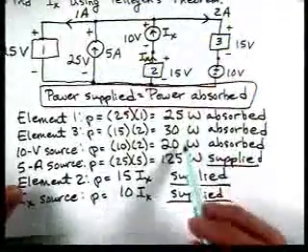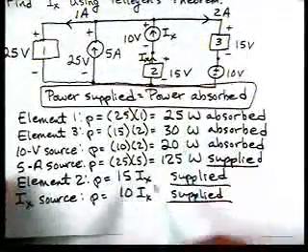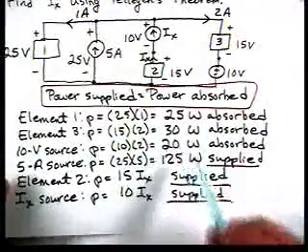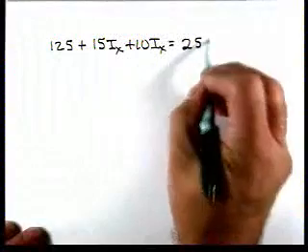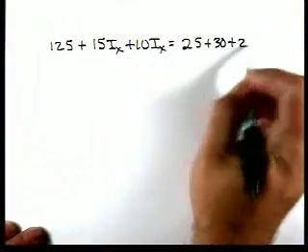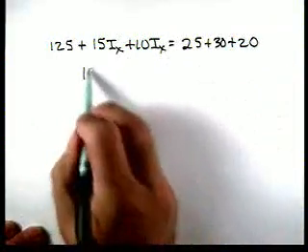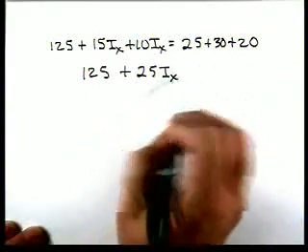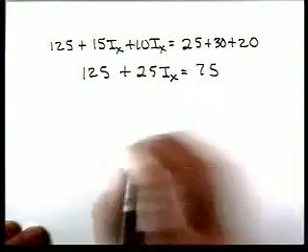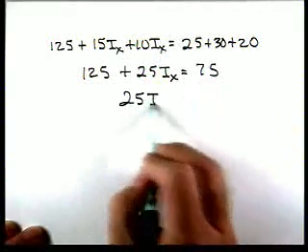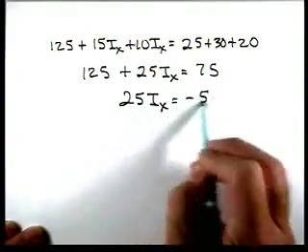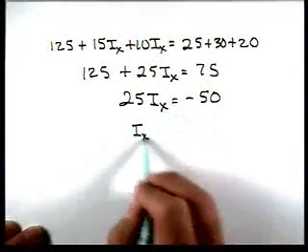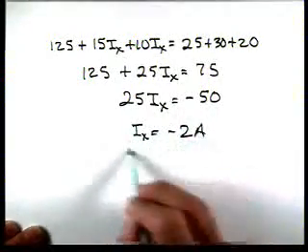And from the other 3 elements, we'll have absorbed 25 plus 30 plus 20. So here we have 125 plus 25 Ix equal to 75. So 25 Ix is equal to minus 50. So Ix is equal to minus 2 amps.